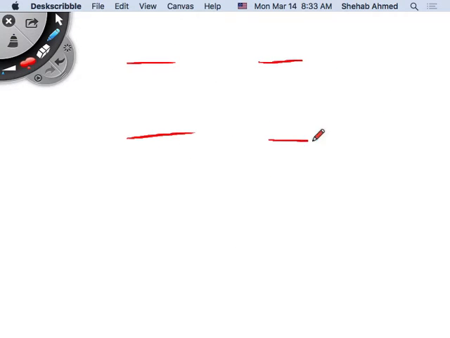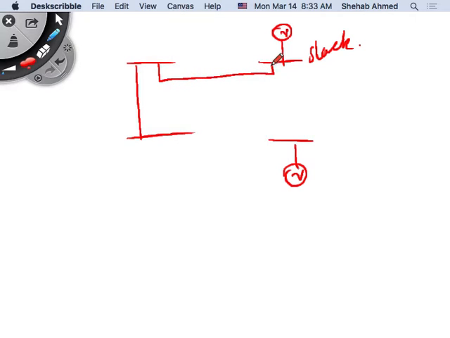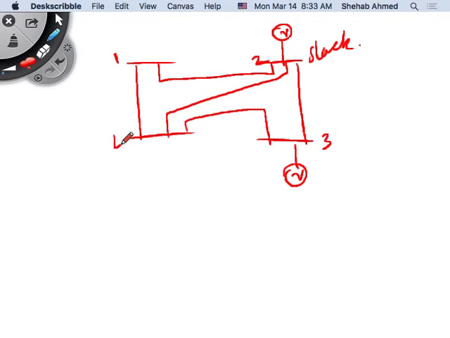For that specific 4-bus system that we had, one slack, this was a PV bus generator, and let me redraw the system again. This was the system that we had. I called this bus 1, bus 2, bus 3, and bus 4.